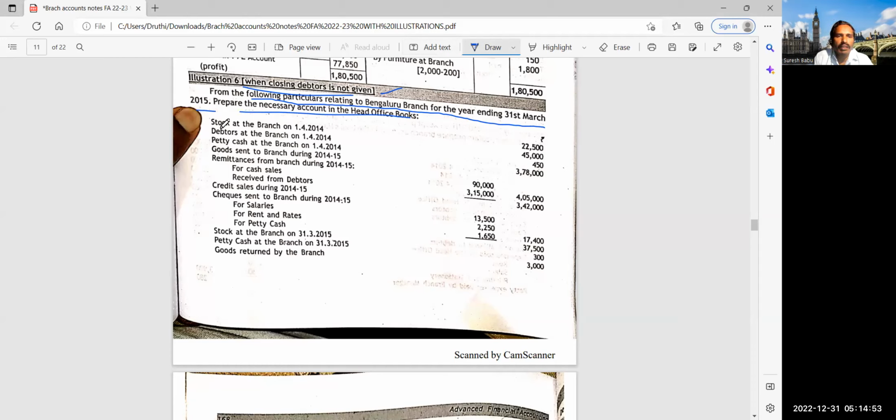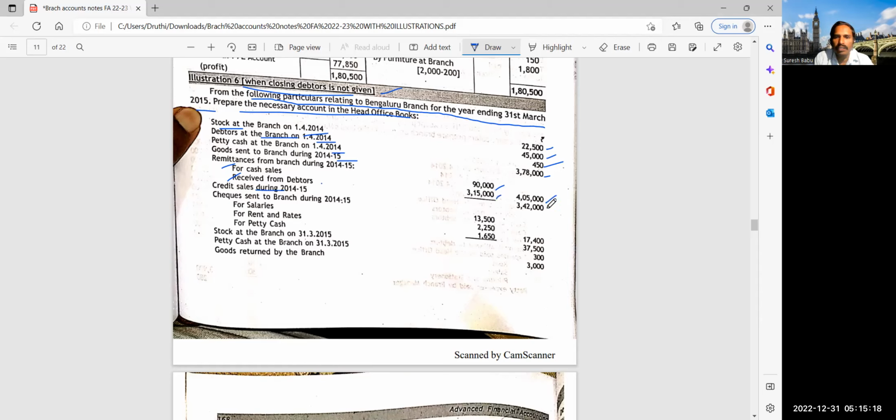Opening stock on 1/4/2014, 22,500. Opening debtors 45,000. Opening petty cash 450. Goods sent, 3,78,000. Remittances: cash sales 3,15,000 and received from debtors 90,000, total 4,05,000.